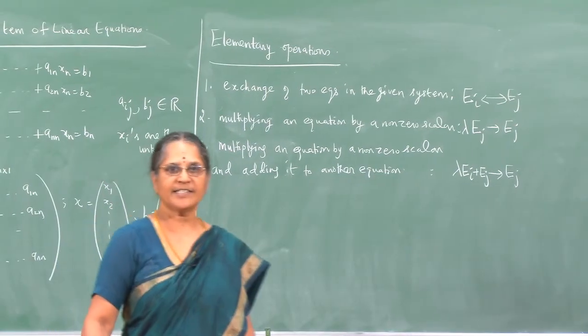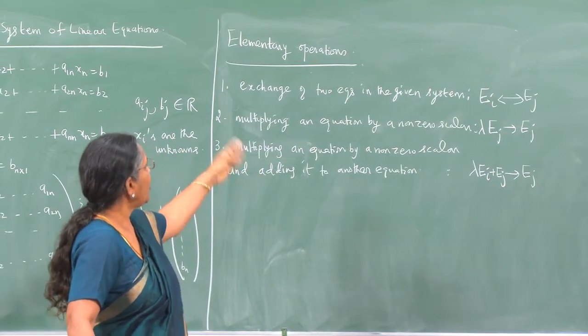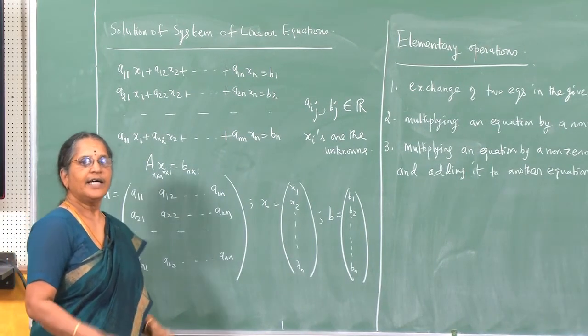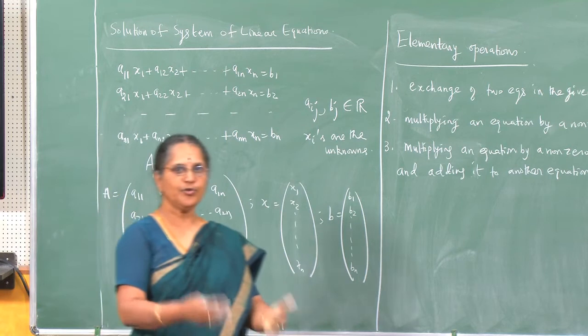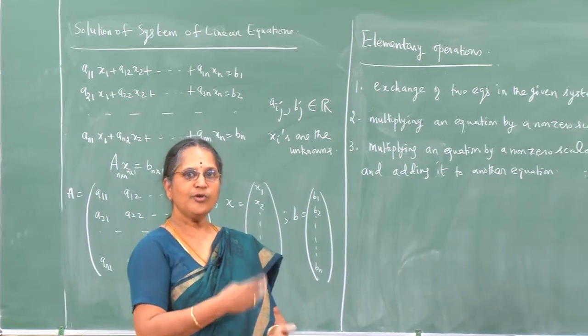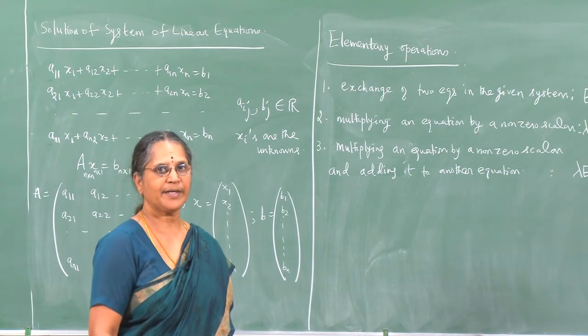Now, the question is, when we perform such elementary operations on a system of equations like this, then if we determine the solution of the new system, will the solution be different from the solution of the original system?